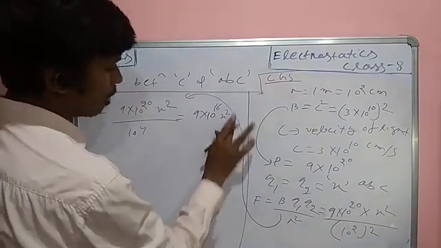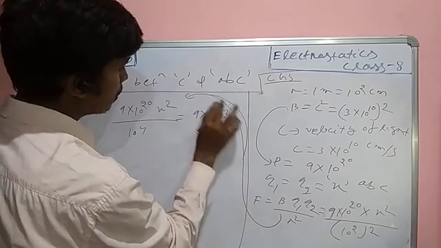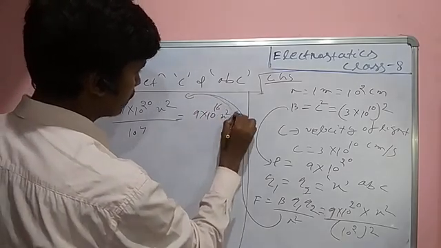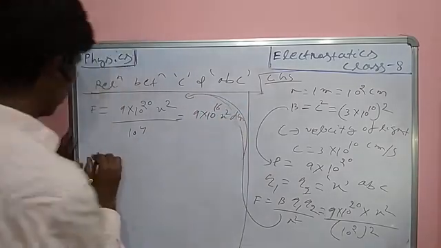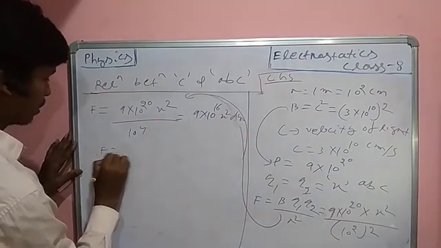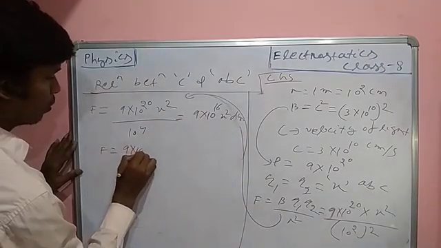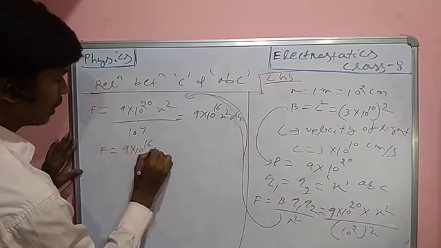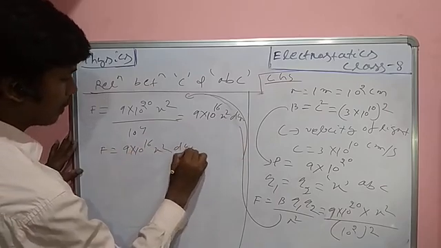The unit is what? Dyne, the CGS unit. So F is equal to 9 into 10 to the power 16 X square dyne.